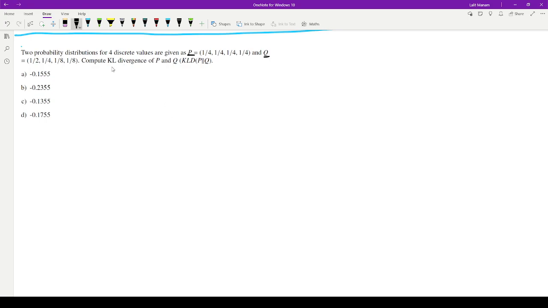What is KL divergence? I don't want the formula. What does it mean?